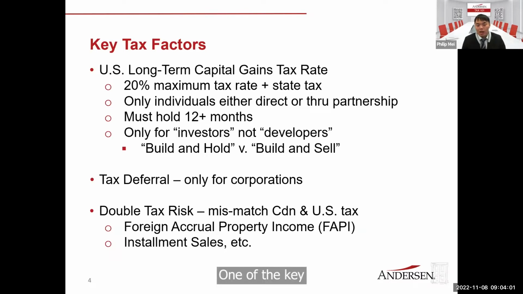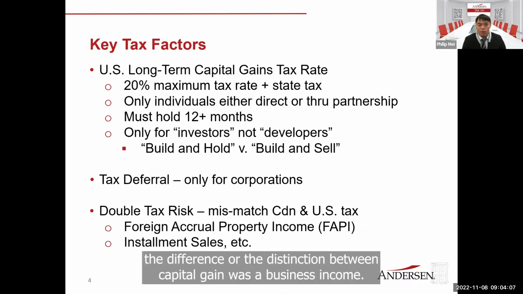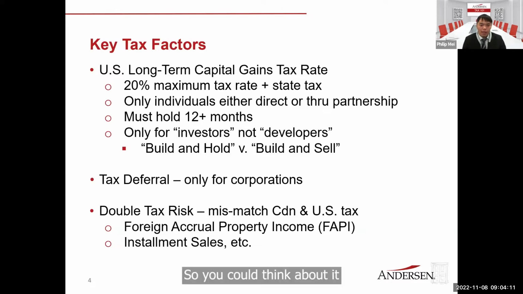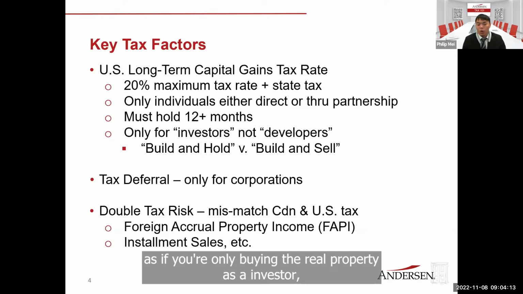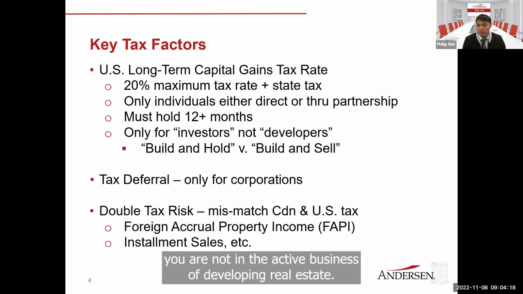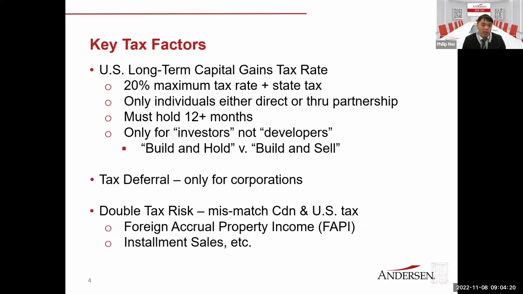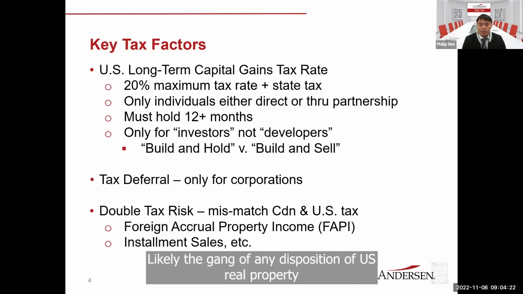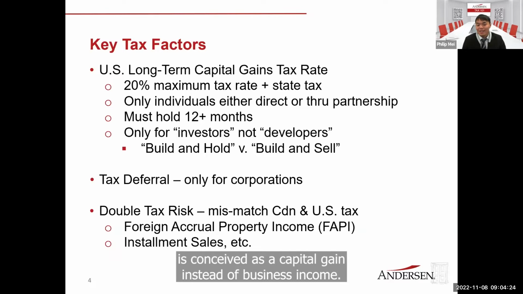One of the key concepts to bring out here is the distinction between capital gain versus business income. You could think about it as, if you're only buying the real property as an investor, and you're not in the active business of developing real estate, likely the gain on any disposition of US real property is considered a capital gain instead of business income.